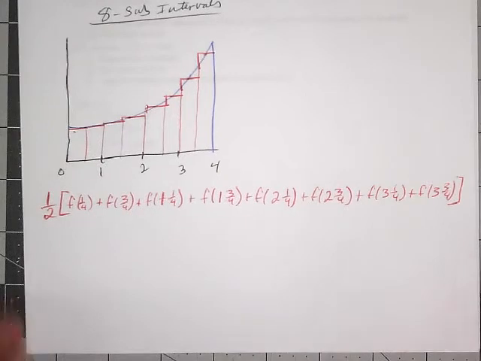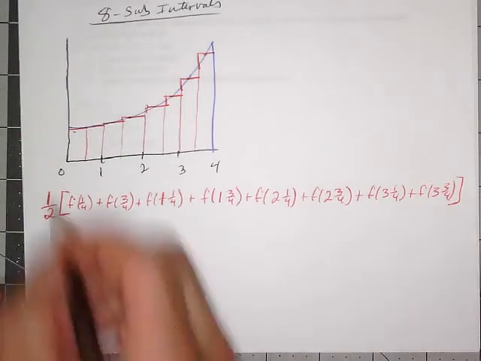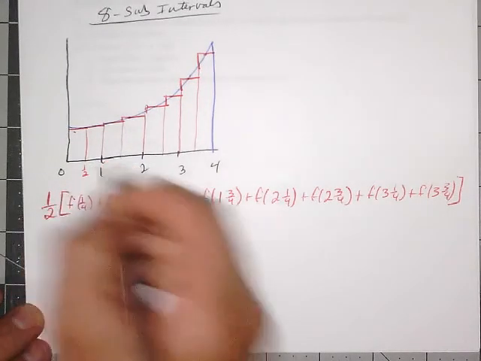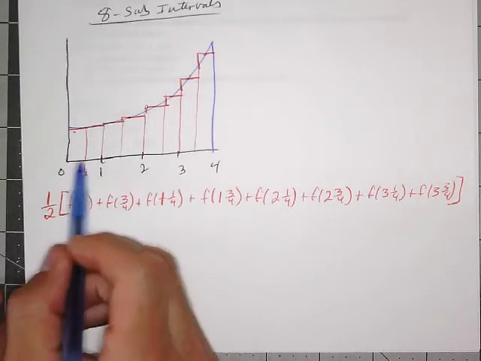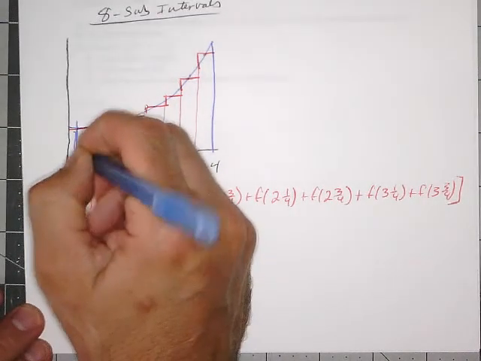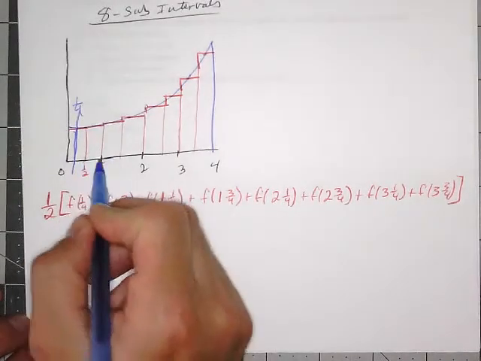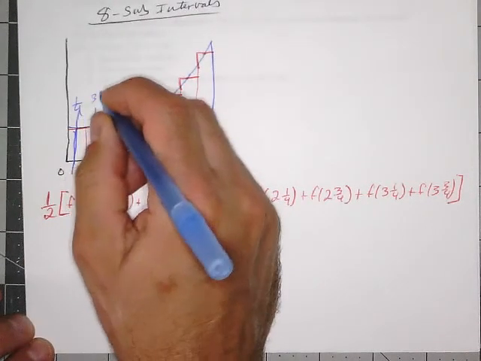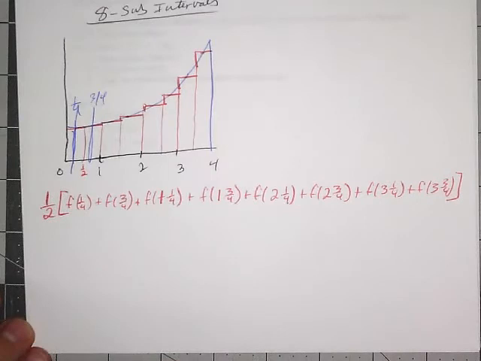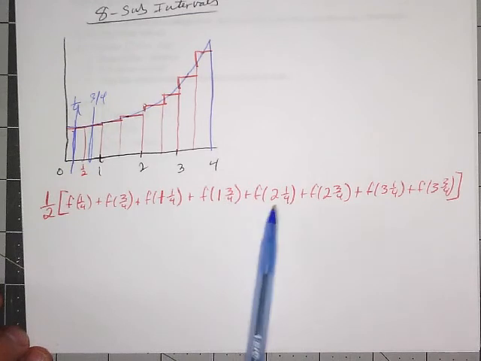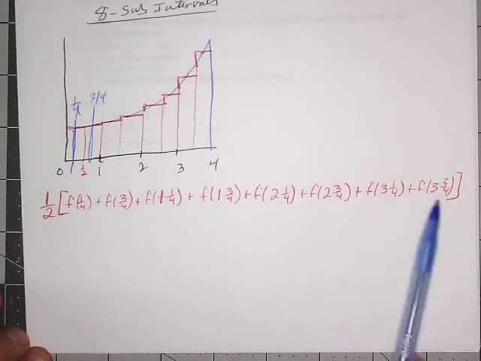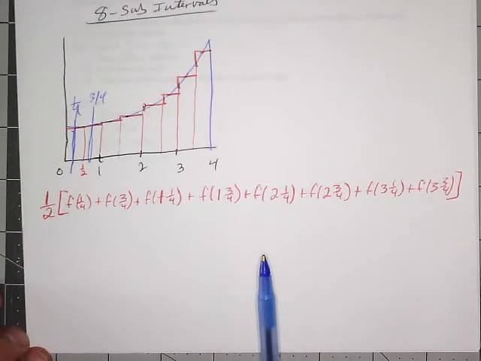Now, some of you might be at home wondering, where the heck is he getting the 1/4, 2/4, 3/4? Remember, this is 1/2 right here. So the midpoint between 0 and 1/2 is 1/4. Between 1/2 and 1 is 3/4. And since they're all separated by 1/2, you just follow the pattern: 1/4, 3/4, 1 1/4, 1 3/4, 2 1/4, 2 3/4, 3 1/4, 3 3/4, all the way through.